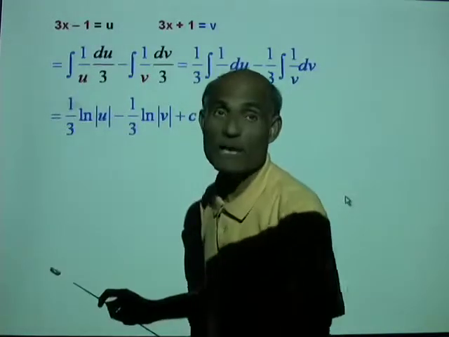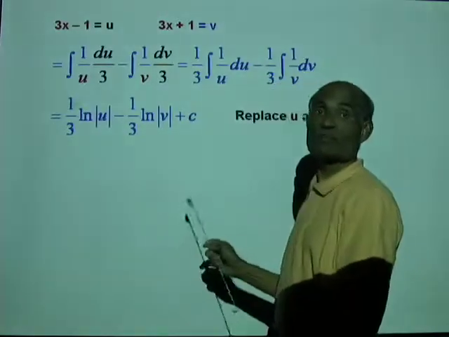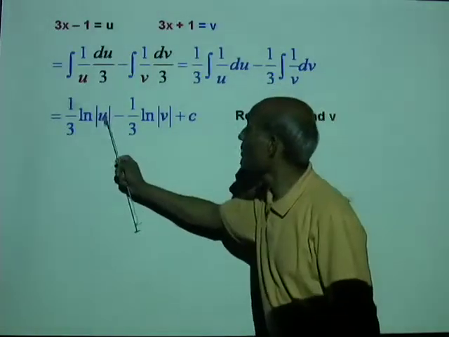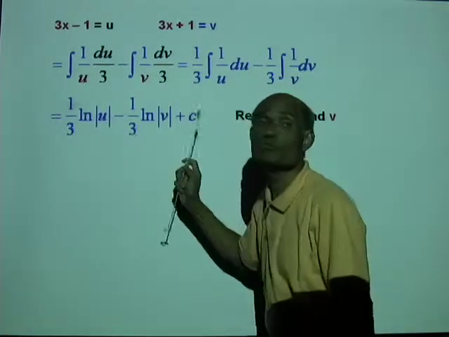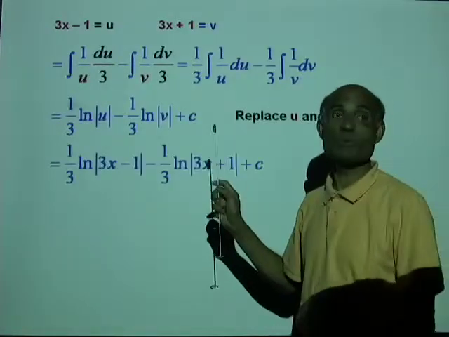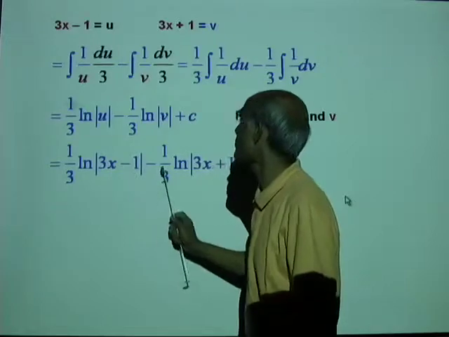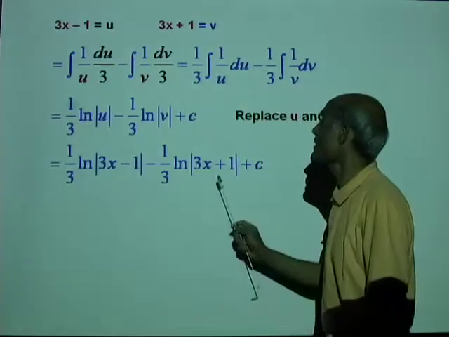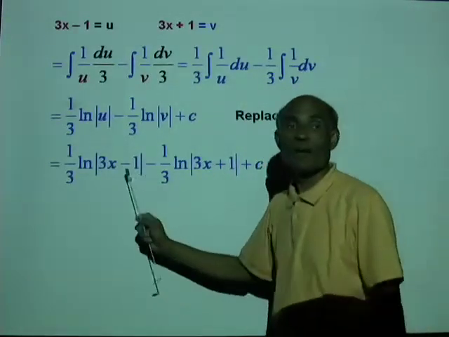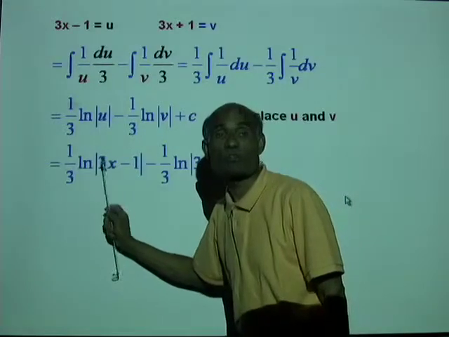So using that property we can write, first of all, before we do that, let's replace our u and v. That gives you 1/3 ln 3x minus 1 minus 1/3 ln 3x plus 1. And now use the properties of logarithm.